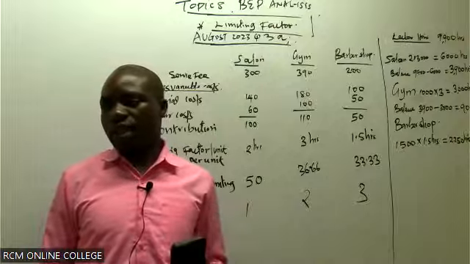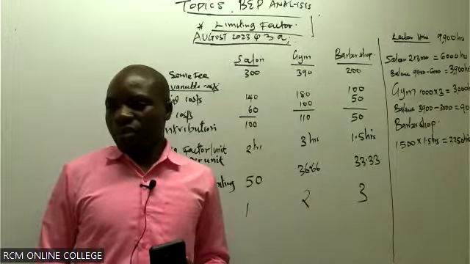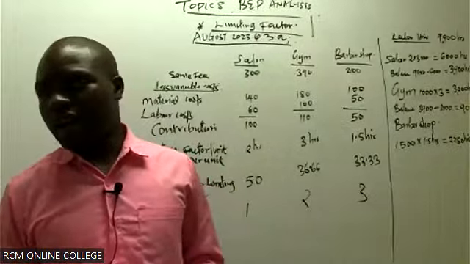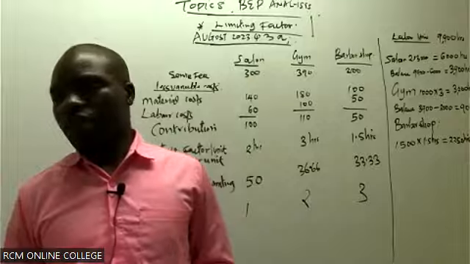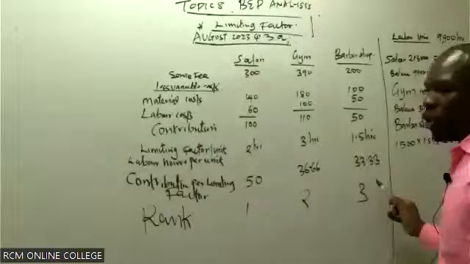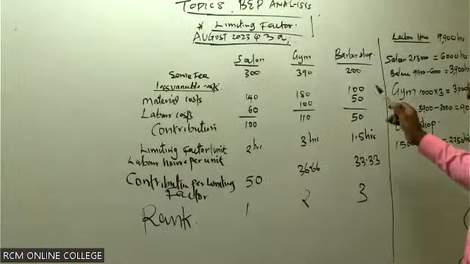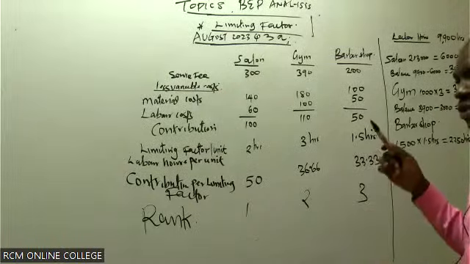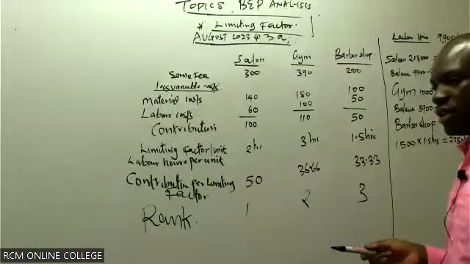Sasa tuko na shida gani hapo? Which problem do we have? We have a deficit, is it? That deficit is what we call the shortfall. Please adjust the board.